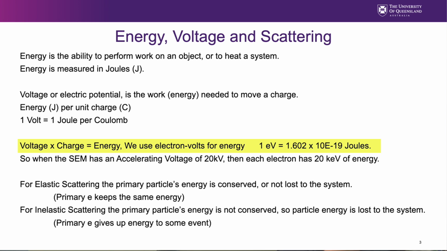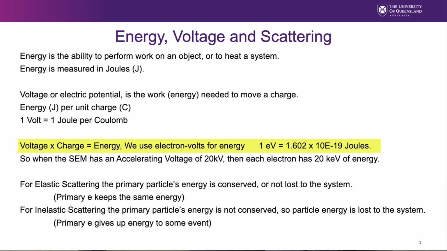So for us, we'll use the electron volt as our unit of energy. Why? Because it's much more natural to the scale we'll be working at. 1 electron volt is the energy produced by the charge of 1 electron raised to the potential of 1 volt. And in joules, it is 1.602 × 10^-19 joules.